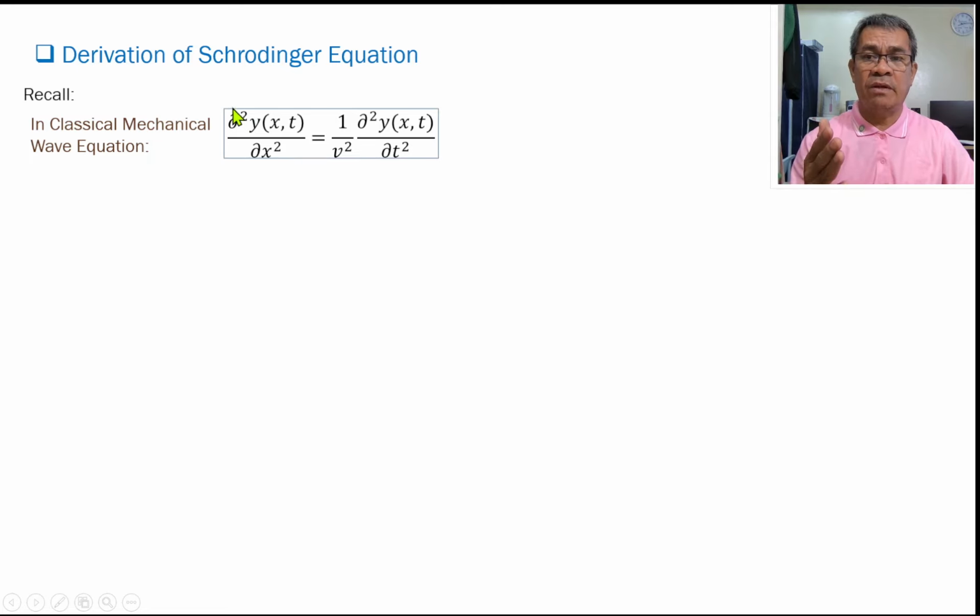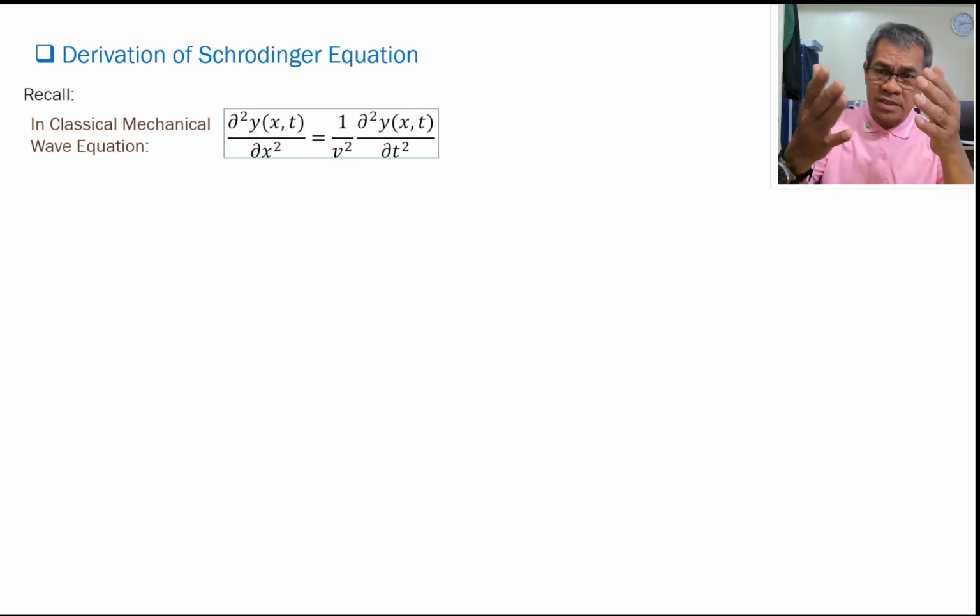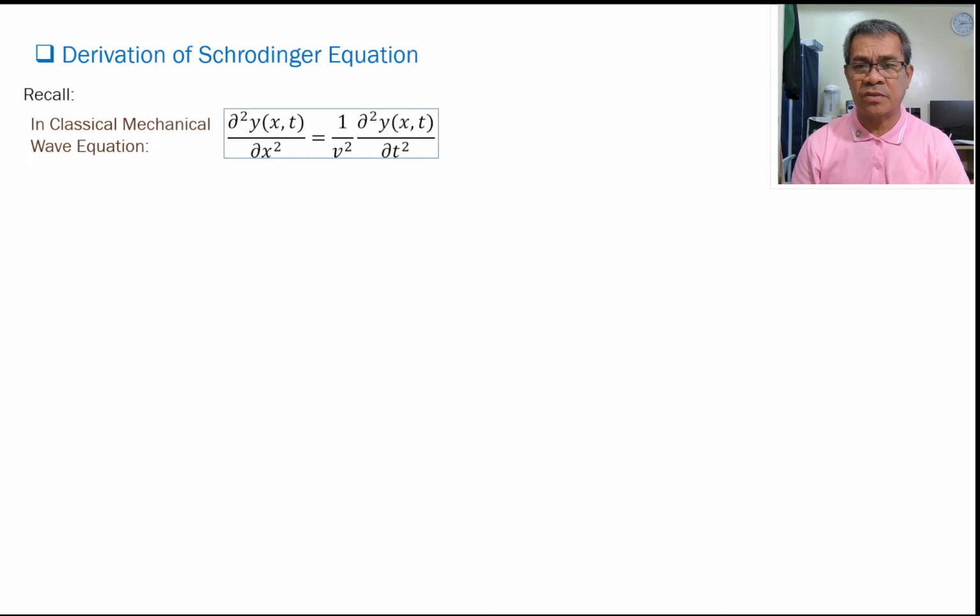Meaning, if we have the second partial derivative of the disturbance of that wave with respect to position, it is always equal to 1 over v squared times the second order derivative of that disturbance y with respect to time squared.